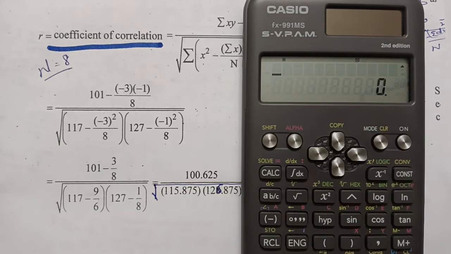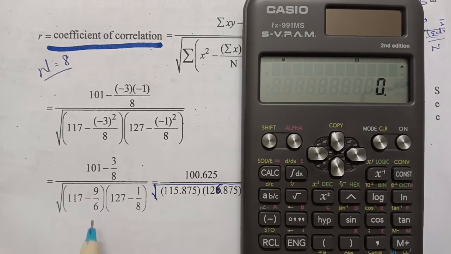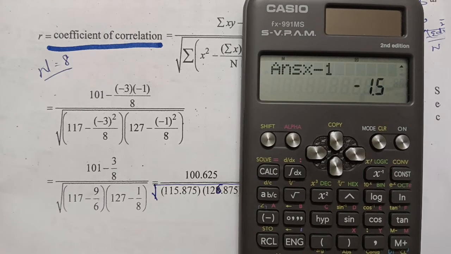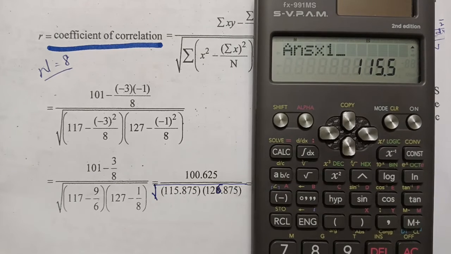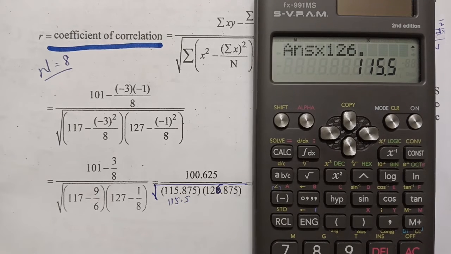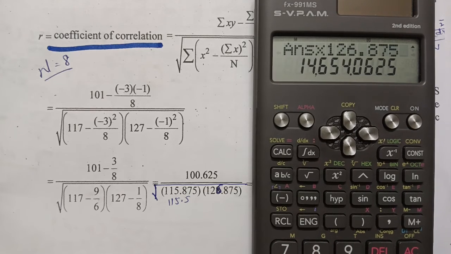Root here. Now we have to make a product here, that is 115.5 according to our calci, into 126.875.